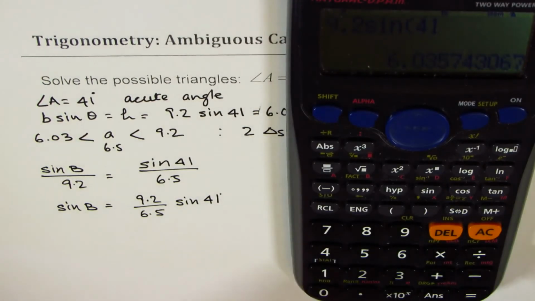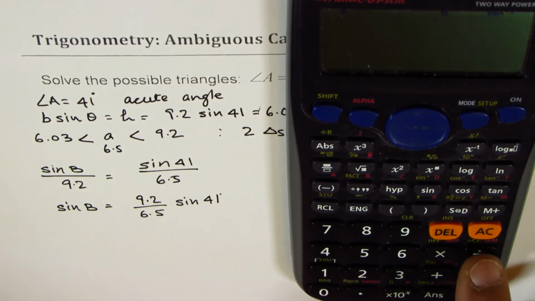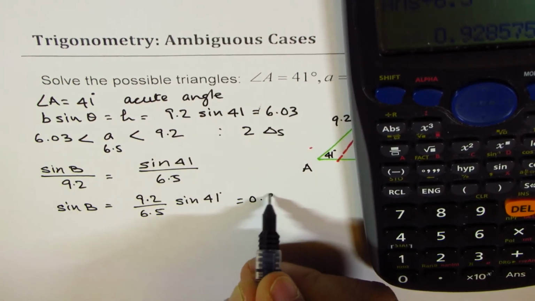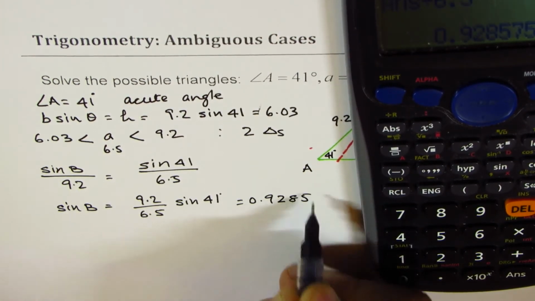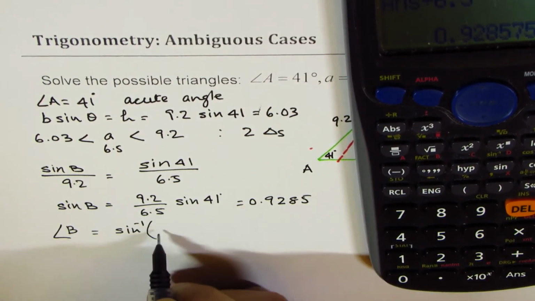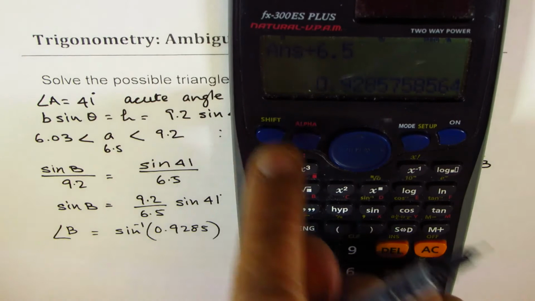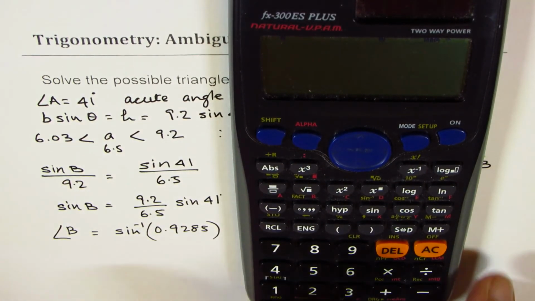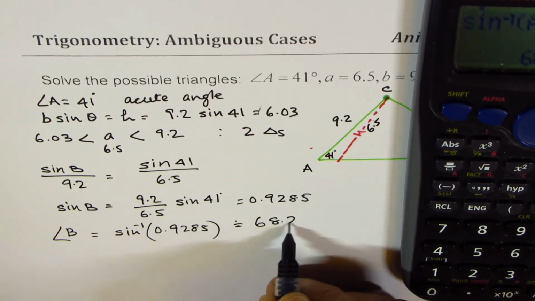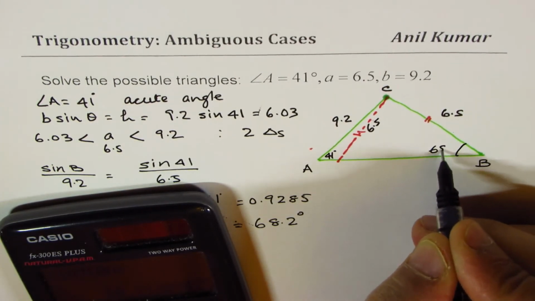Let's calculate. 9.2 times sine 41 divided by 6.5 equals 0.9285. So angle B is equal to sine inverse of 0.9285. Shift sine inverse, answer 68.2 degrees.